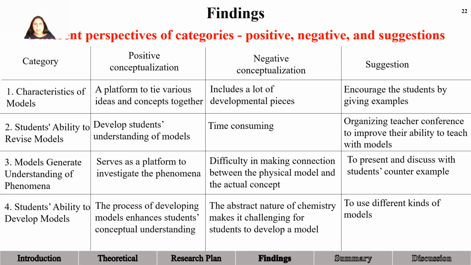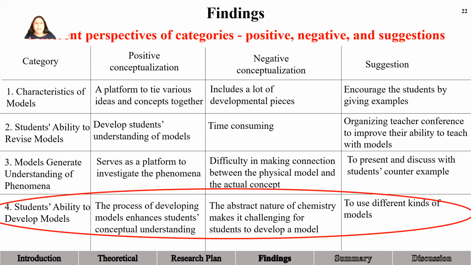In this slide, you can see examples of categories: positive conceptualization, negative conceptualization, as well as suggestions from the teachers. Taking the example of category 4, students' ability to develop model, we can see positive conceptualization shows the process of developing models enhances the student's conceptual understanding.